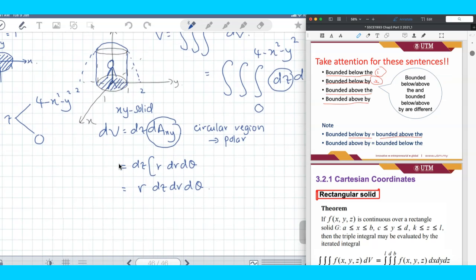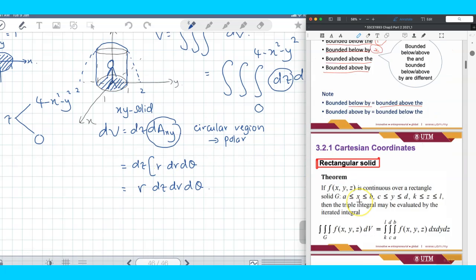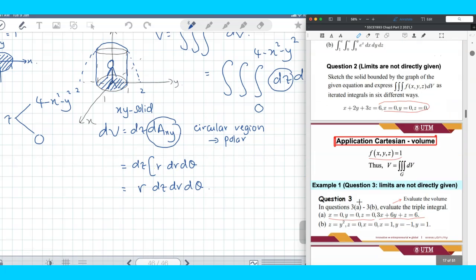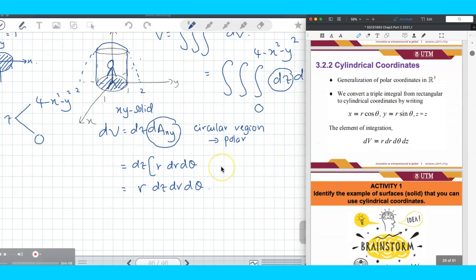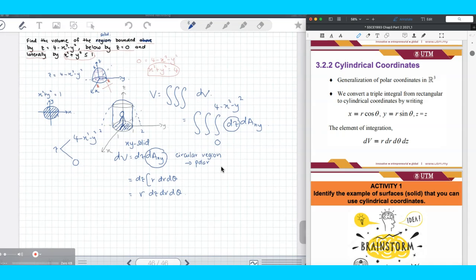Okay, when you apply polar in triple integral, we call that a cylindrical coordinate, where I will explain the cylindrical coordinate after this in the next video. For this, I just want to show you when and how we can implement the cylindrical coordinate. You can implement the cylindrical coordinate in triple integral when your region is a circle on the xy plane.